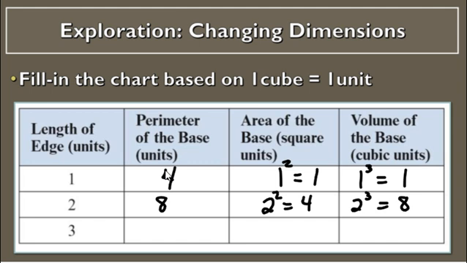And then the side length of 3 units, the perimeter is 3 times 4, which would give us 12. The area of the base would be 3 squared, which is 9. And then the volume would be 3 cubed, because we're dealing with 3 dimensions. 3 cubed would be 27.